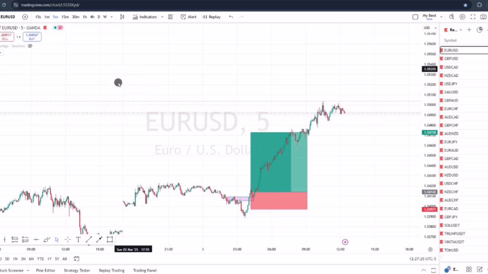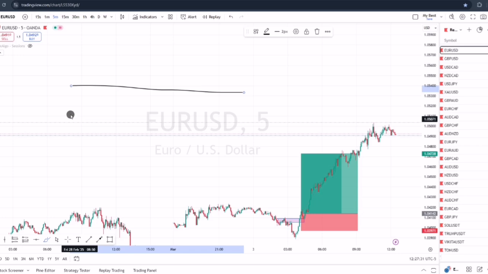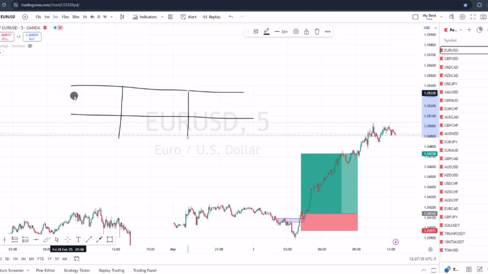What you will find in the PDF, let me just clarify this. You will find a table. In the table, you will find the session, the time, and the pair to trade.